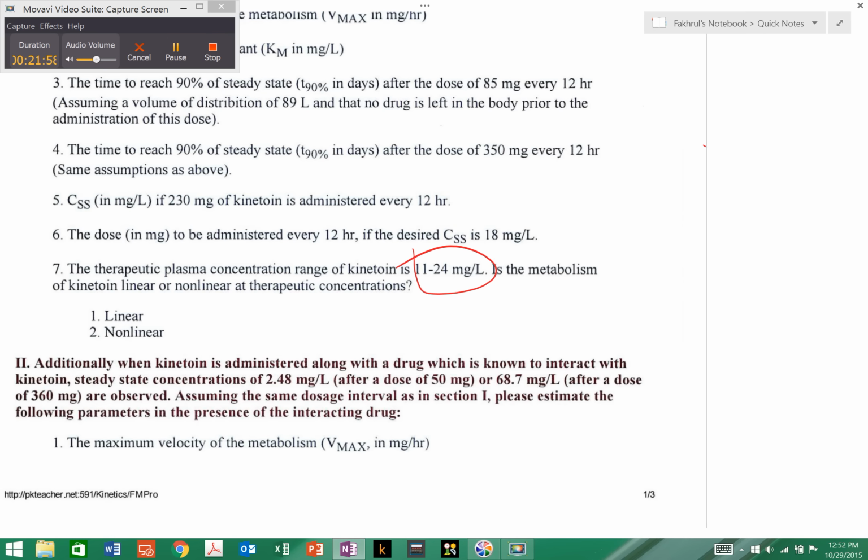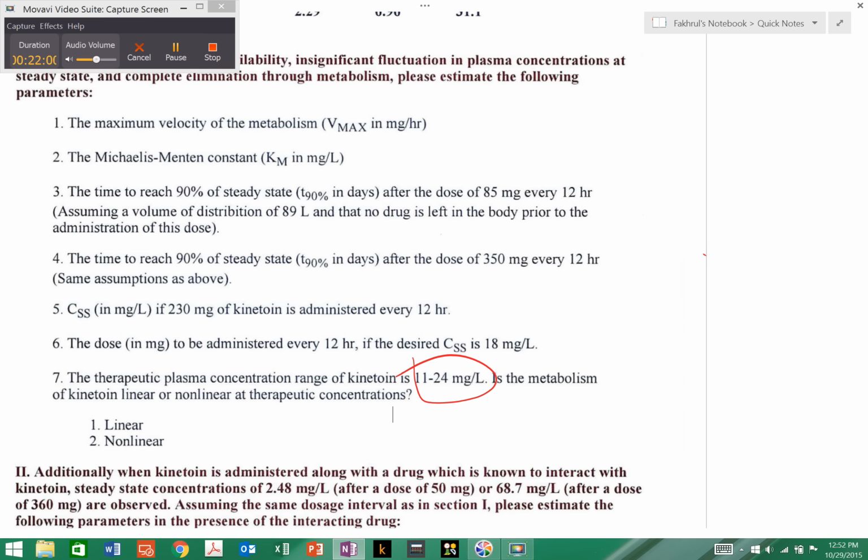Our Km was, let's go back, Km was 10.2 milligram per liter. So what happens when the therapeutic drug concentration is above Km?